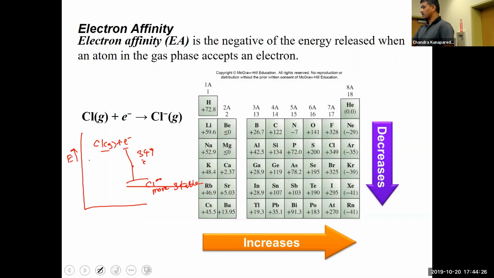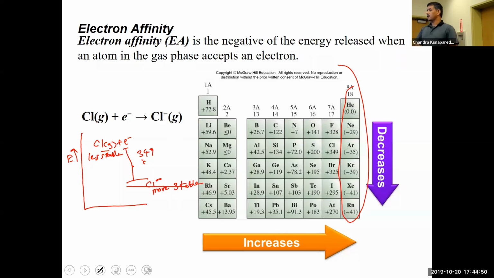More stable, less stable. So a positive value actually means a good thing. If it is releasing lots of energy, it means it is happier by accepting that electron. If there is a negative value, it means it is not that keen to accept that electron, which you can see in these noble gases.